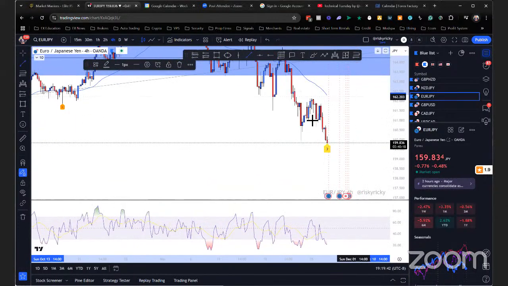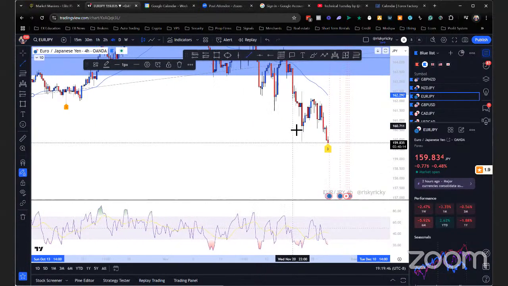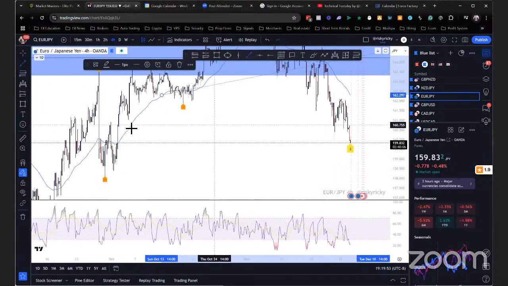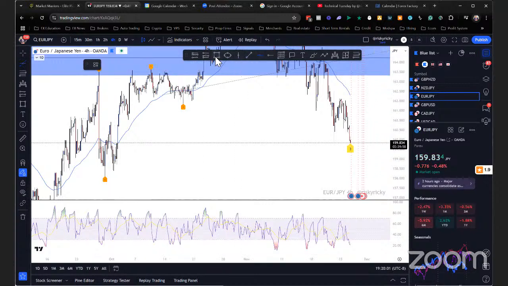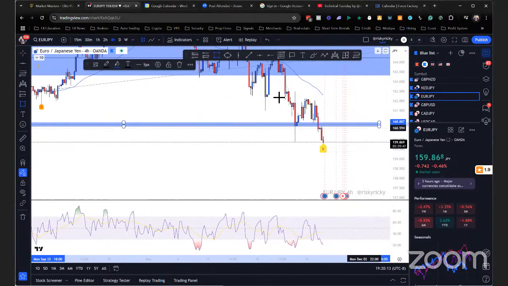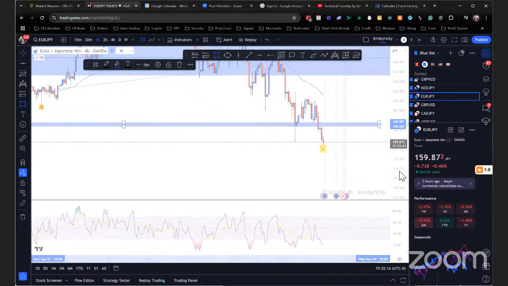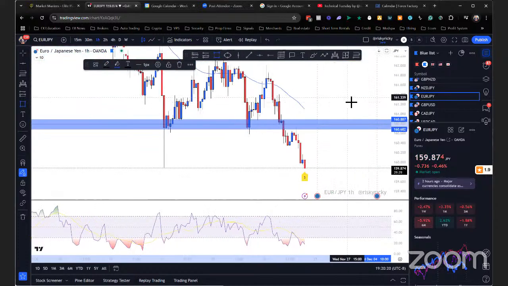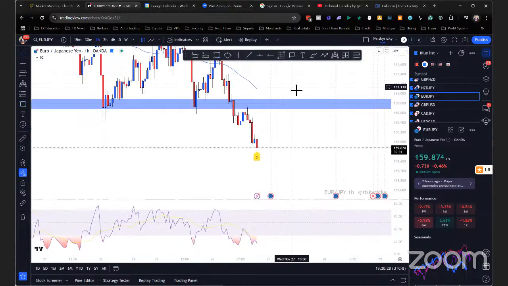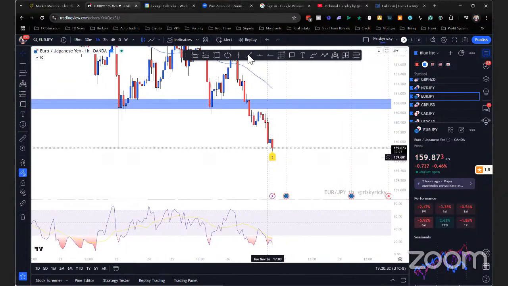4 hour. So this zone here. Okay, so for here, noticing some divergence here on our side bit.